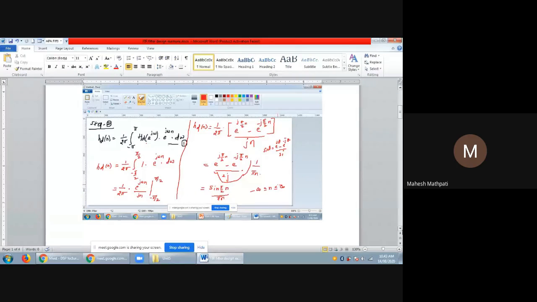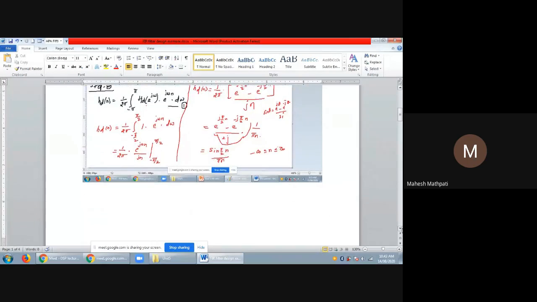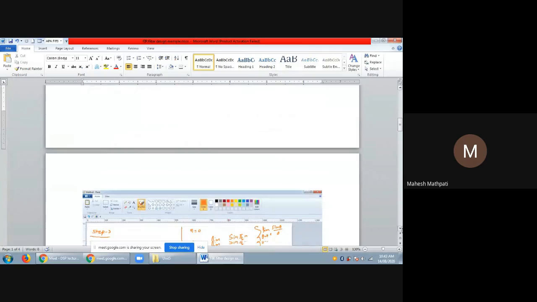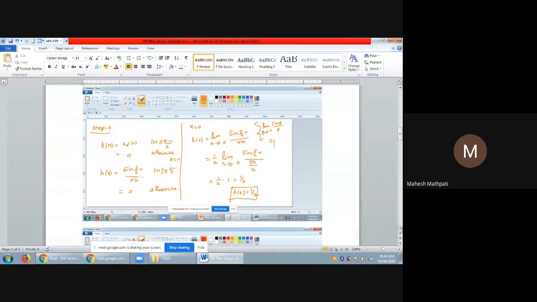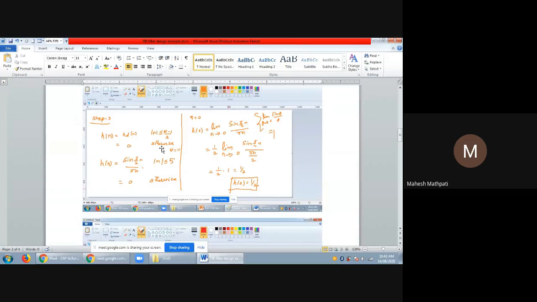Next, what have we done? We have calculated the values of h of 0, h of 1, like that. So in step 3, we truncated the sequence to finite value, that is, we converted the infinite sequence to a finite one. Then h of n equals h_d of n for magnitude n less than or equal to N minus 1 by 2.